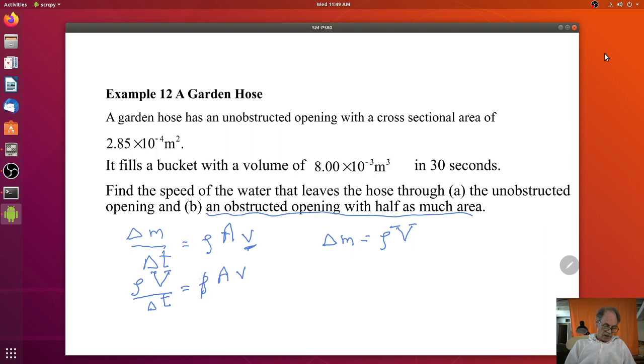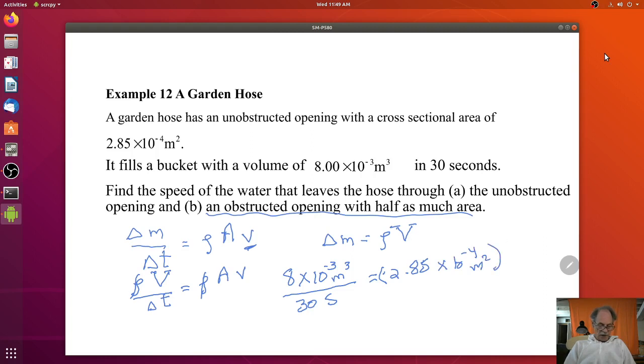The rhos will cancel. The volume that I get is 8 times 10 to the minus 3 cubic meters. Everything's in good units here. And the time I get is 30 seconds. And the area, they tell me, is 2.85 times 10 to the minus 4th meters squared.